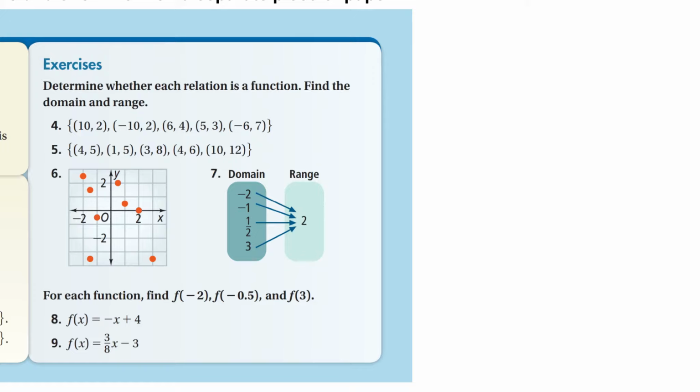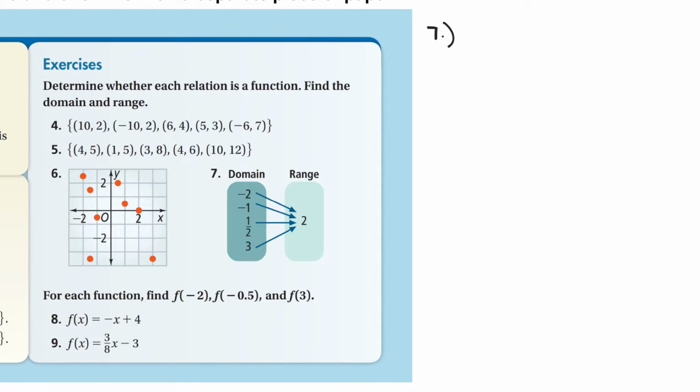On a separate sheet of paper, you're going to have to answer the questions. I'm just going to give you one example from 4, 5, 6, and 7. I'm going to select 7. That's a mapping.